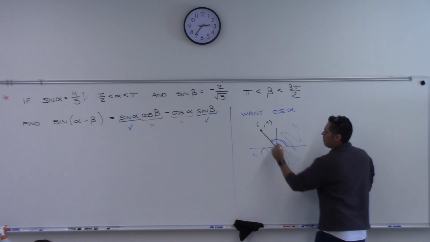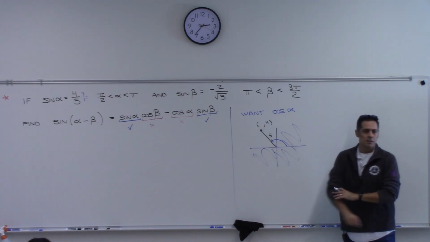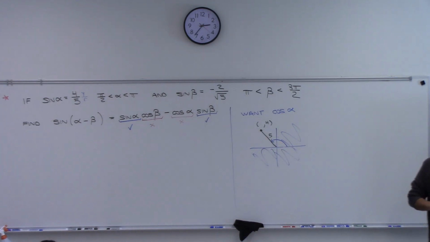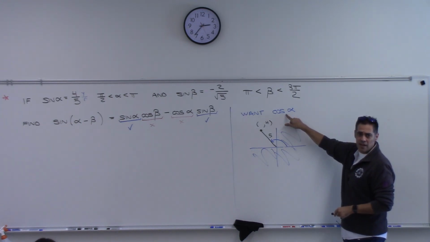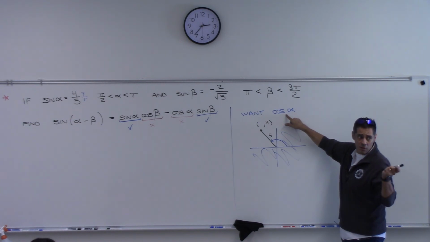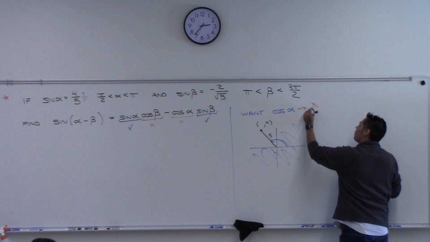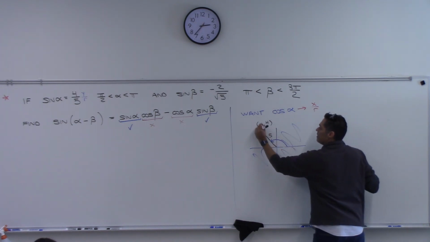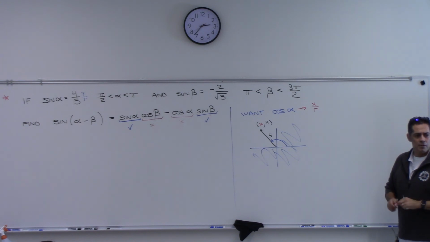And I know that the radius, the distance from here to here, is 5, right? To figure out what cosine of alpha is, I would need what over what? X over r. Good, right? This means I need to know what x over r is here. I need x, right? I need to figure out what x is.